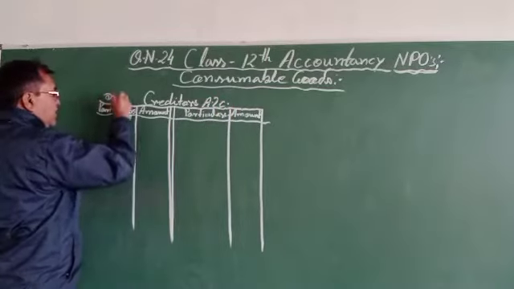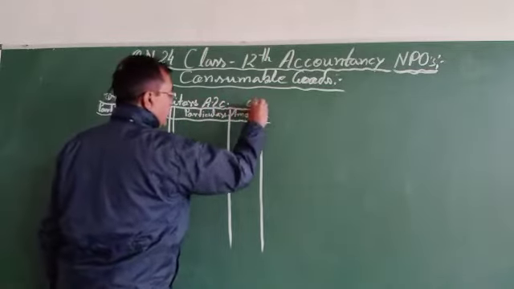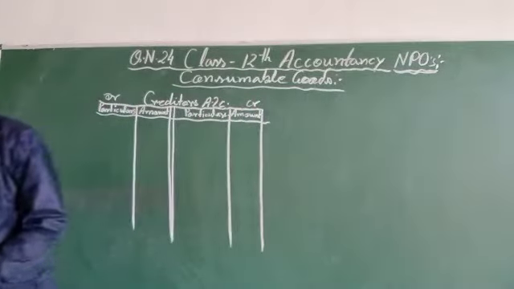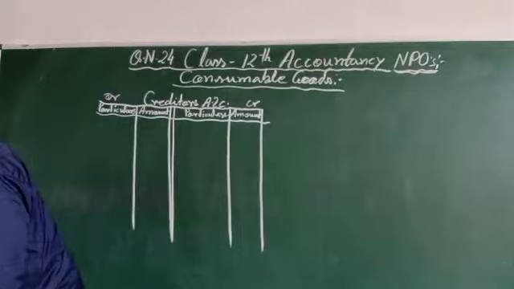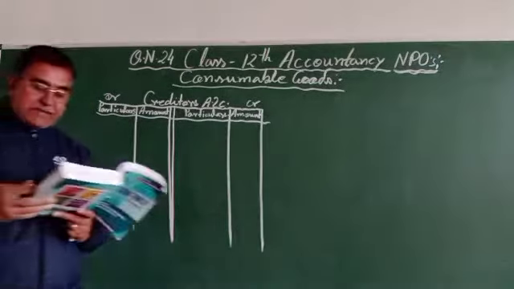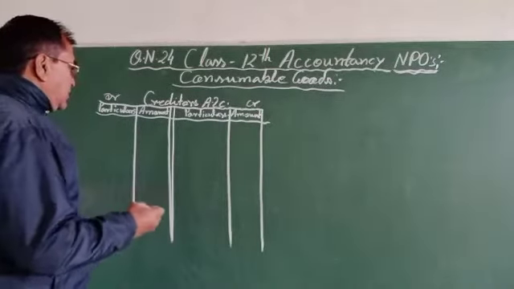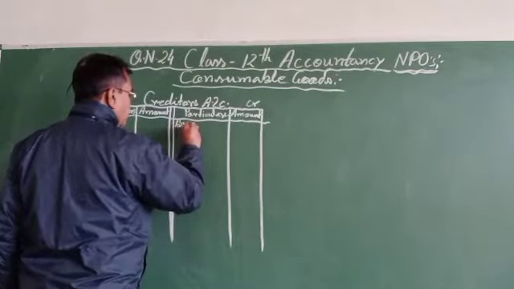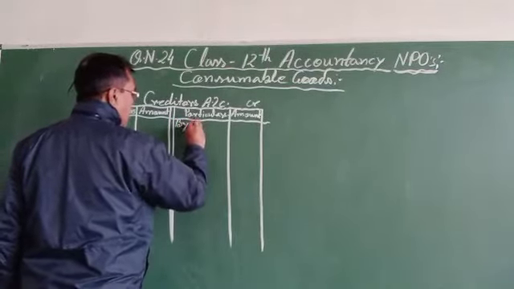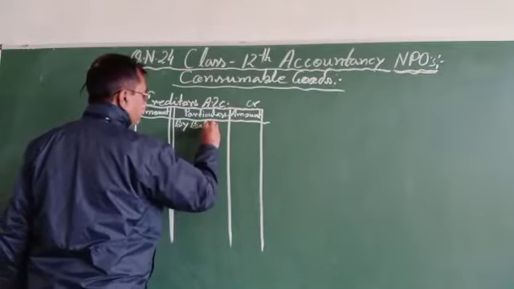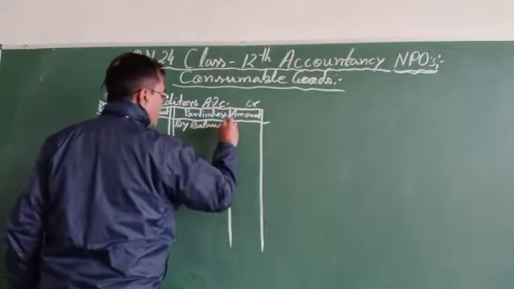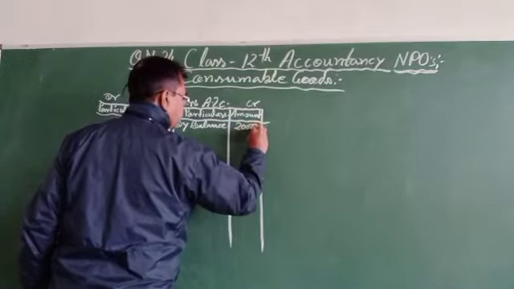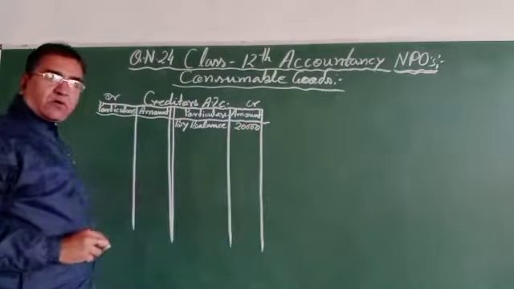This is the debit column and this is the credit column. The opening creditors are 20,000, so we write it here as by balance. Creditors always have a credit balance, 20,000.